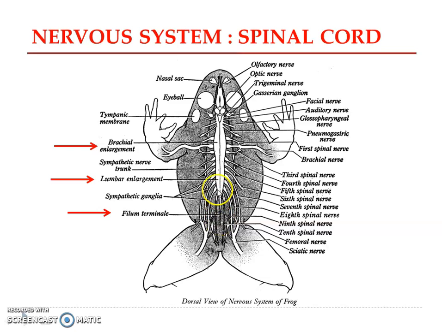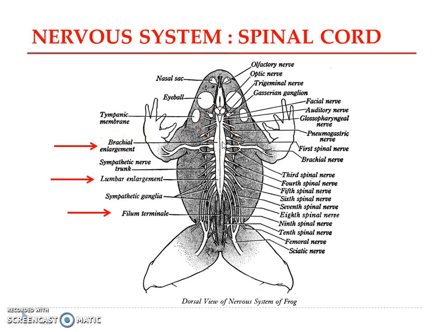Apart from this, among the unique features of the spinal cord, you can see it has two swellings or two enlargements. One enlargement is found in the spinal cord passing between the two forearms, and this enlargement is known as the brachial enlargement.